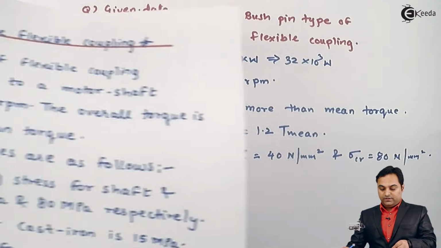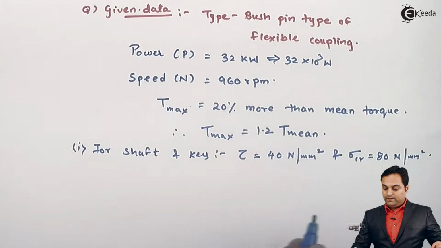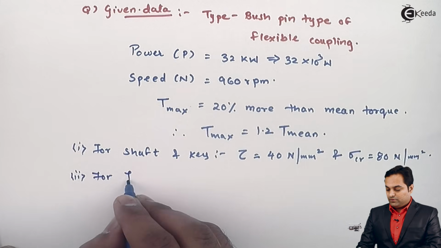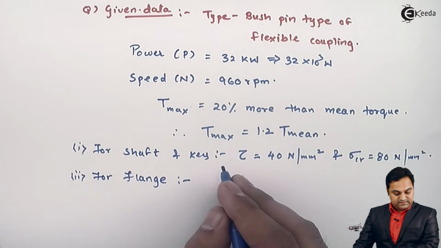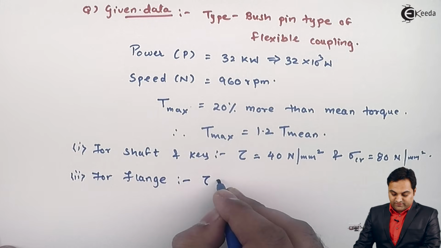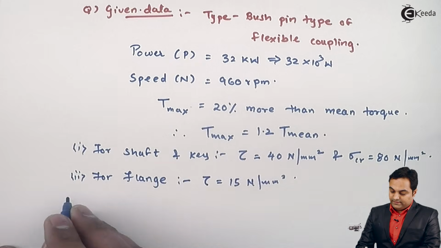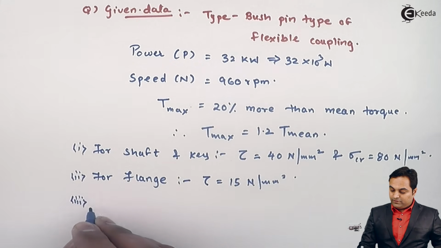Next, allowable shear stress for cast iron is 15 megapascal. So cast iron is the material which is used for flange. So for flange, as the material is cast iron, tau is given as 15 Newton per mm square. Next, allowable bearing pressure for rubber bush.